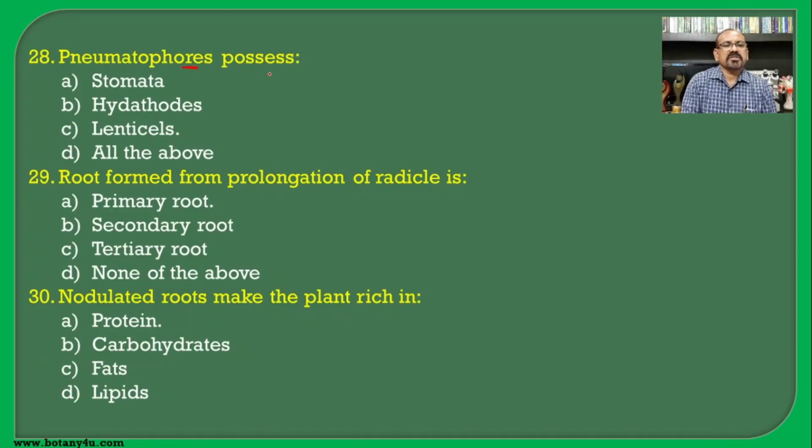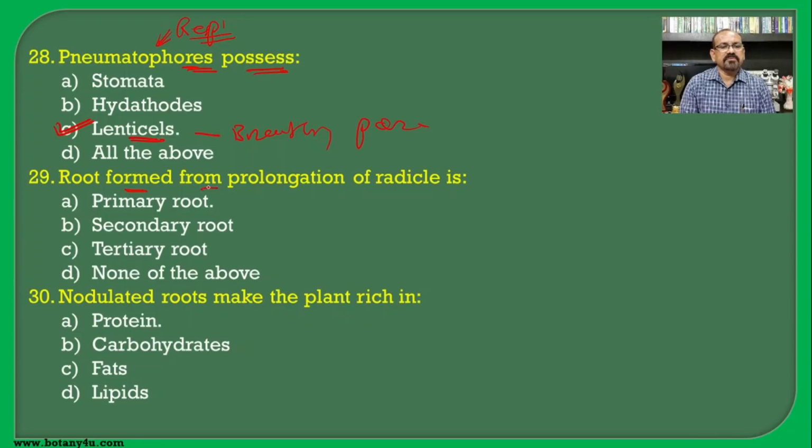Then pneumatophores possess. If you see the pneumatophores, it is an example of respiratory roots and found in plants which are growing in marshy places which are devoid of oxygen. So these possess lenticels, which are also known as breathing pores, and hence lenticel is the correct answer for this question.